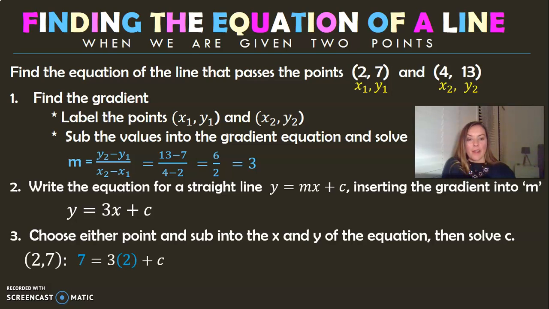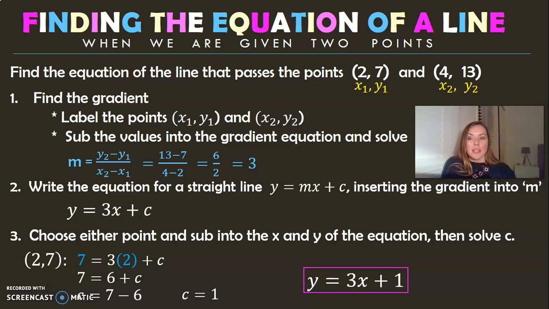The next line, evaluating it, gives me 7 equals 6 plus c. Rearranging this gives me c of 1. So I know my y-intercept for this equation is going to be 1. Subbing those values into my equation, y equals mx plus c, gives me y equals 3x plus 1.